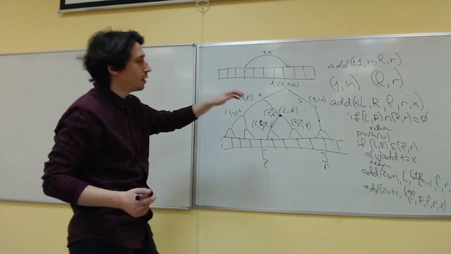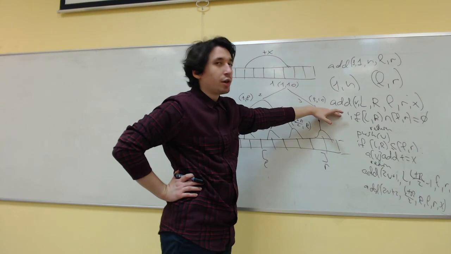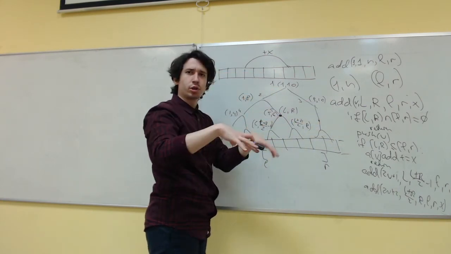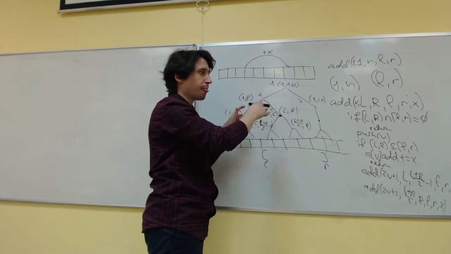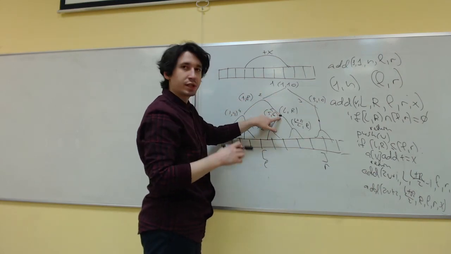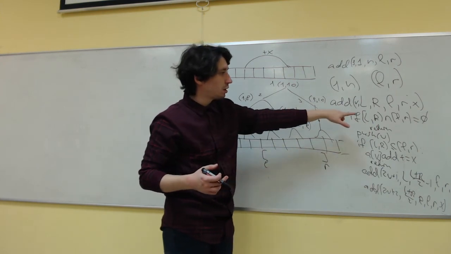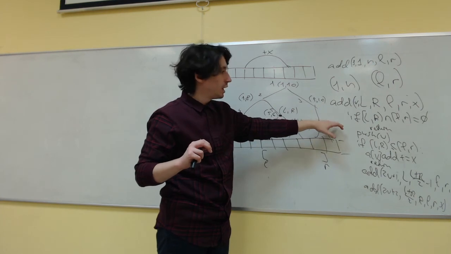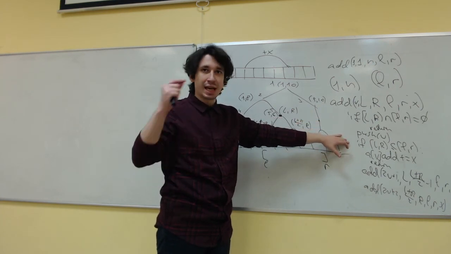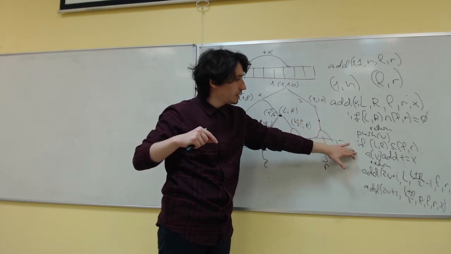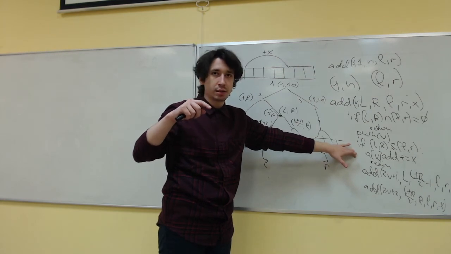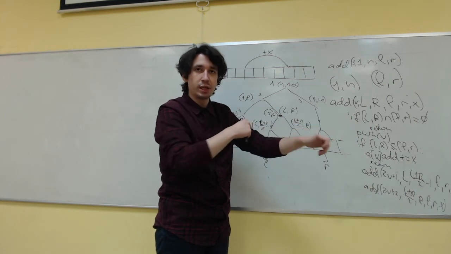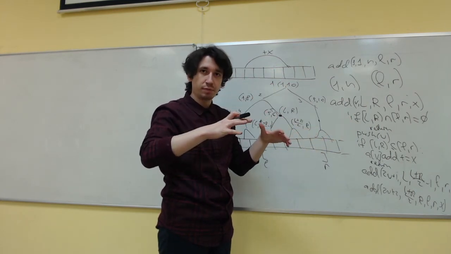So what's happening there? We recurse over the nodes in this tree, and if the node covers a segment that doesn't intersect with our target segment, then we do nothing. If this segment lies inside the target segment, then we just say, okay, please add x to all these elements in the subtree. This is exactly what we did with the mass operations on Treap.